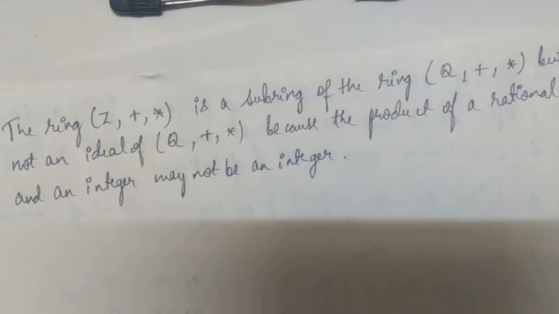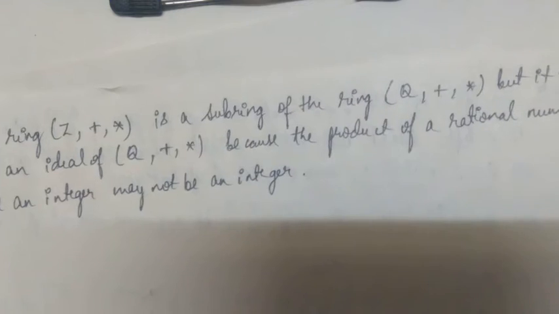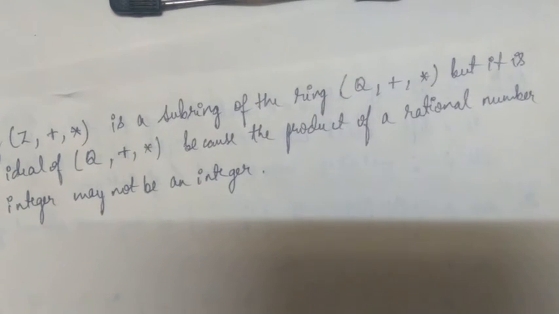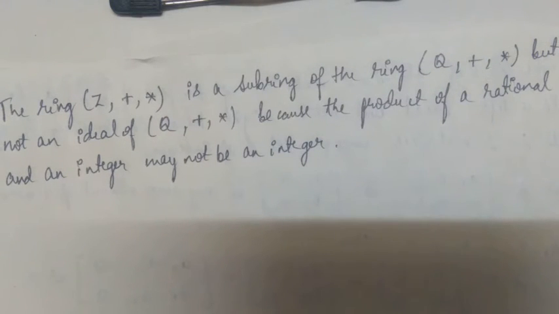Now this sounds different. The ring Z plus star is a subring of the ring Q plus star, basically integers and rational numbers, but it is not an ideal of Q plus star, because the product of a rational number and an integer may not be an integer.